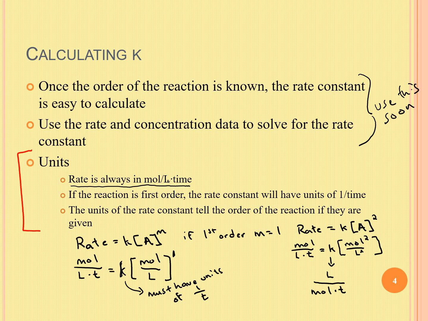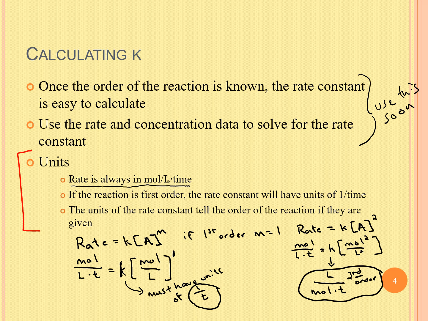So for second order, K has units of that. First order, K has units of 1 over time. Right? And we could actually do this for any possible order.